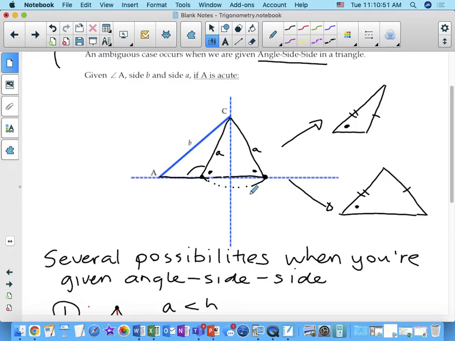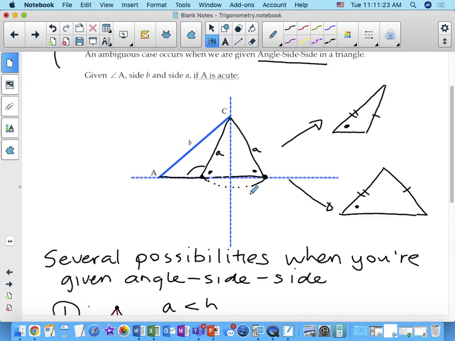If your angle A is already obtuse, there's no room in the triangle to have another obtuse angle. You can't have two obtuse angles in a triangle. So if angle A is already an obtuse angle, you will not get the ambiguous case of the sine law. So that's another thing to look out for. If the angle that you're given is obtuse, you won't get the ambiguous case.